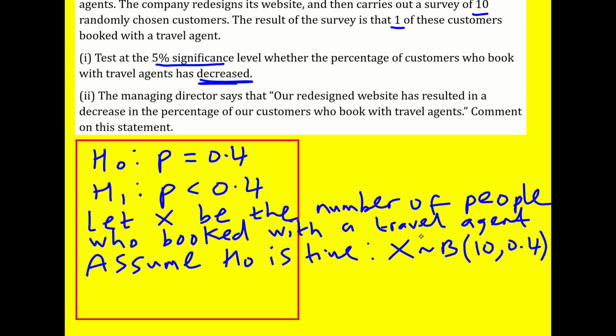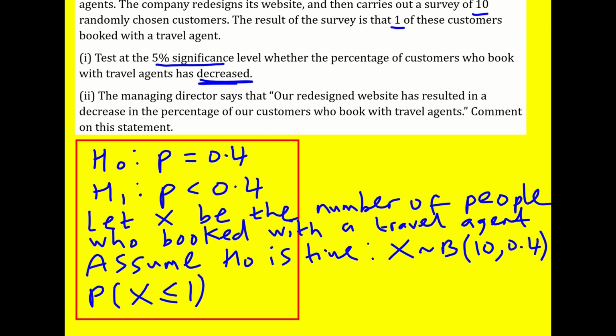Now I can only write this down because I've assumed H0 is true, so the probability is 0.4. All right, and now we've seen that the actual result is that one of these customers booked with a travel agent. So what we have to do is work out the probability that that would have happened. But we don't just look at the probability that it's just 1, it's going to be 1 or less.